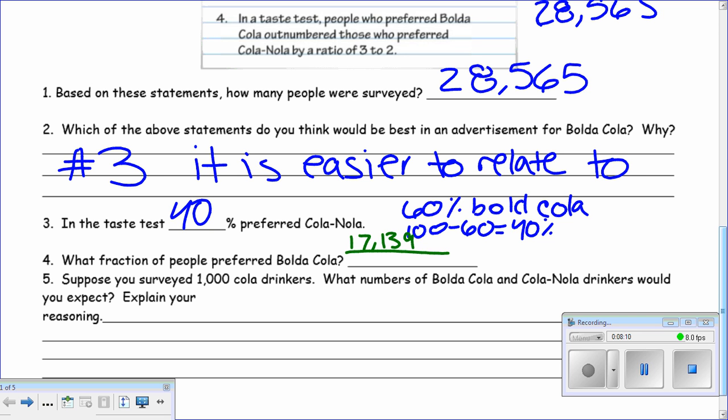Well, how many people was that out of? 28,565. That is our total amount of people. So 17,139 Bolda Cola people out of our total number of people surveyed can be simplified down to what? 3/5. Which would be our fraction for people who preferred Bolda Cola.